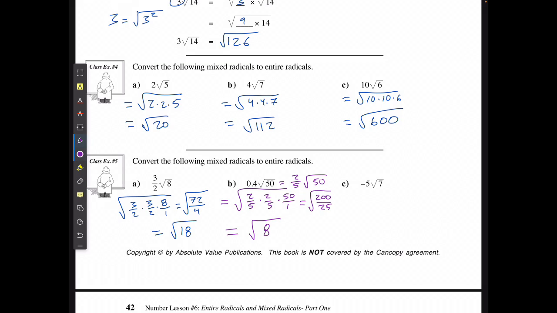So when I move this in, I can still move the 5 in and say that it's going to be the square root of 5 times 5 times 7, but the negative has to stay on the outside, and I can't drop the negative, otherwise it's not an equivalent value. So this would be the same as the negative and then the square root of 175. If it's an even index, leave the negative on the outside.